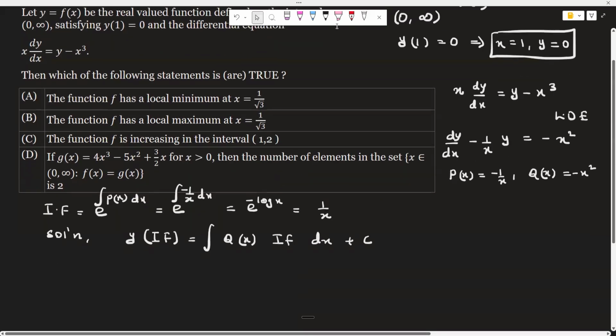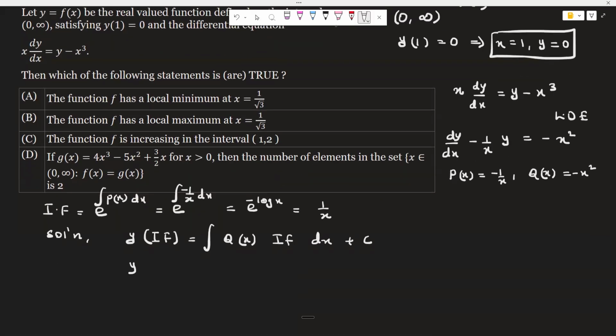Now substituting the respective values, y into 1 by x equals integral of minus x square into 1 by x dx plus c. So this will be y by x equals integral of minus x dx plus c.